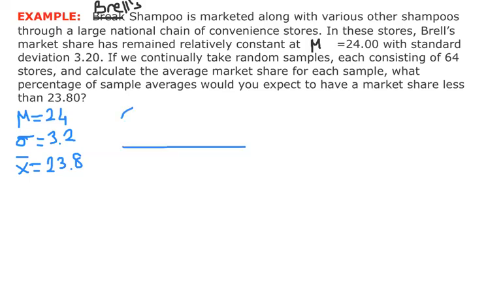We have lots of stores here, and we have the samples and sample averages over here, and 24 is my mu, and somewhere here is 23.8, and we are looking for the area less than 23.8.